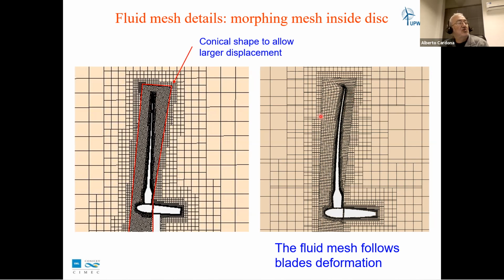I will show you computations in which this displacement is in the order of 4 or 5 meters. And so the mesh of the fluid should adapt to the changes in the boundary.